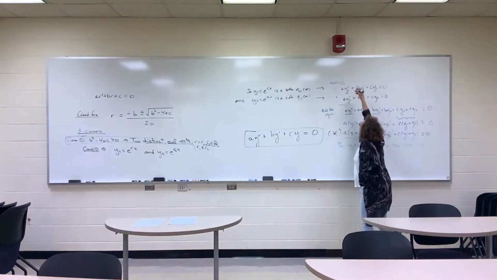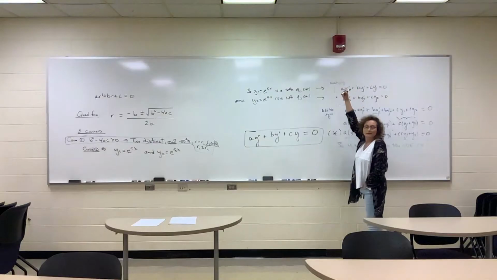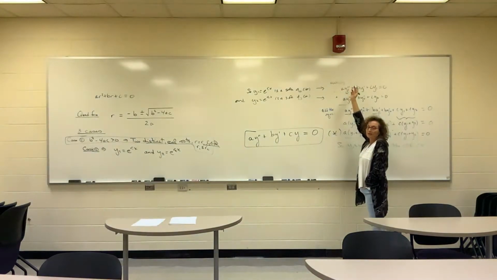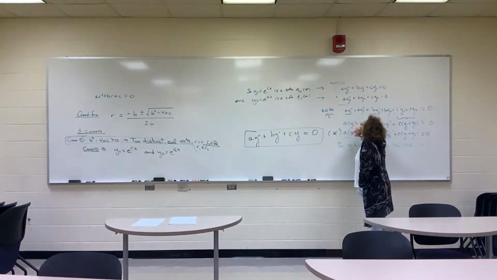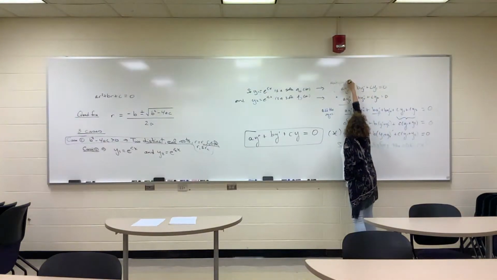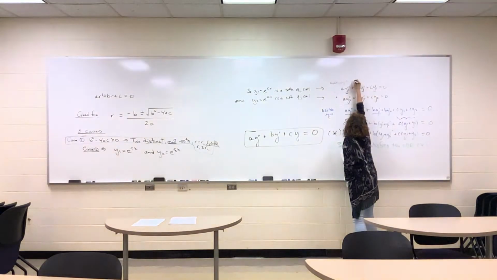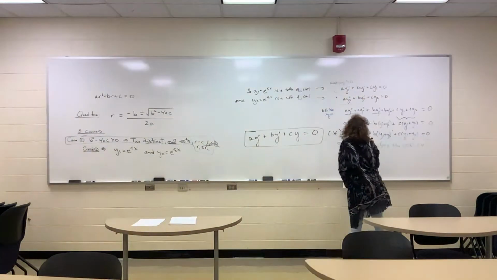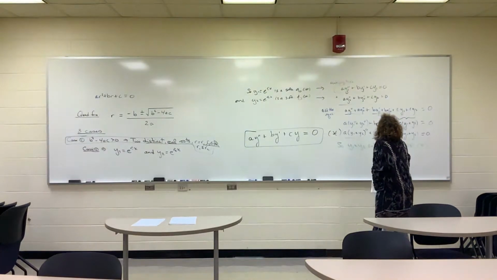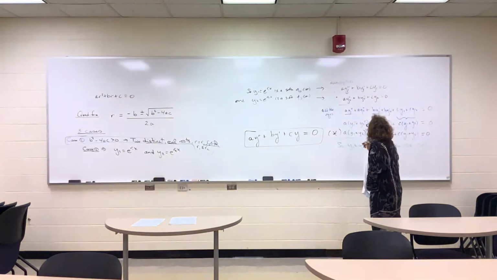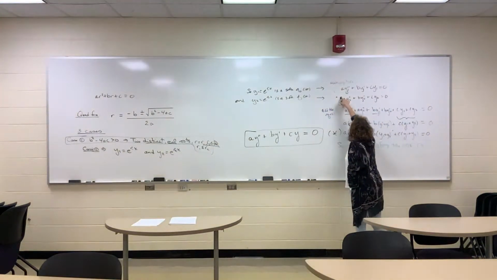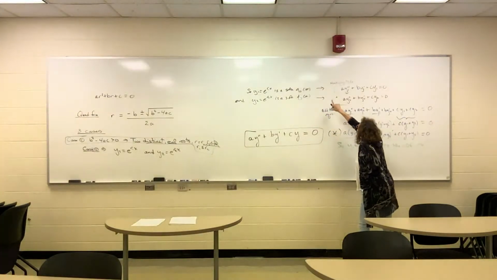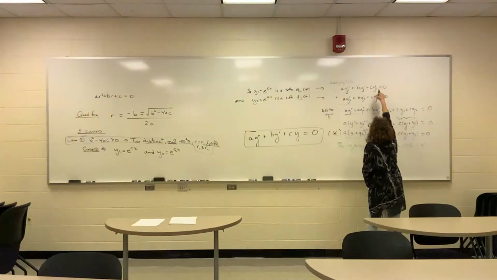So what if we multiply this by some constant, let's just say C1? What if I multiplied this equation by a constant, say C1? I know that since y1 is a solution, this equation has to hold.